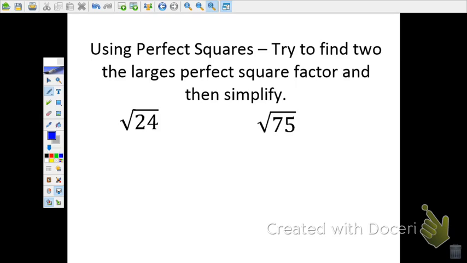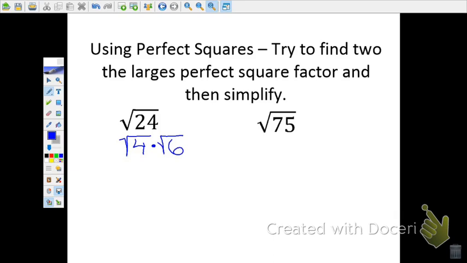So we're looking for a perfect square that goes into 24. What's a perfect square that goes into 24? 4. Is there anything bigger? No, there is not. So the square root of 24 is the same thing as square root of 4 times square root of 6. Okay, 4 times 6 gives me 24.